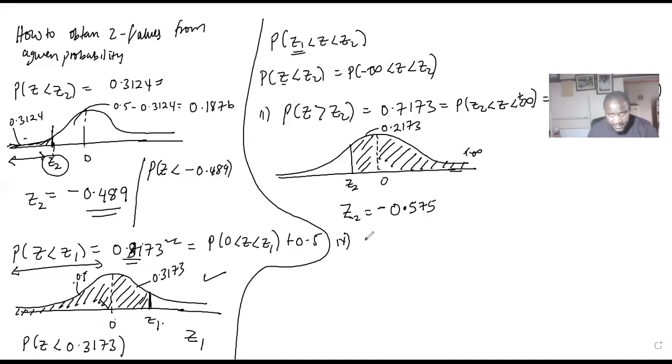Another one. Probability of Z is greater than Z4 is equal to 0.3118. Who can interpret this one for me?